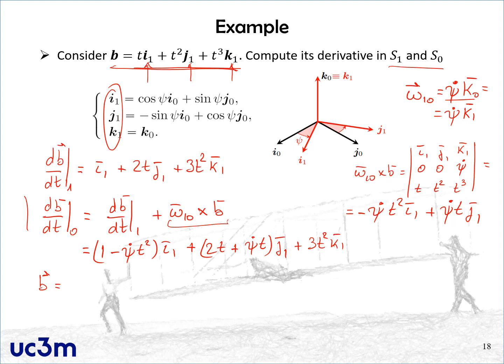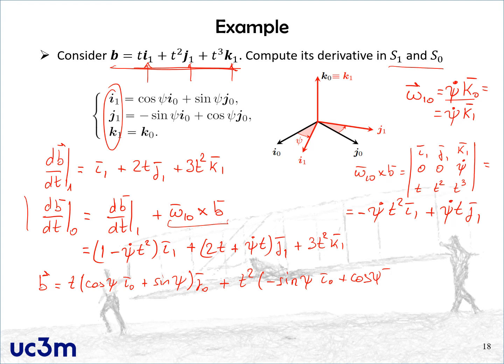So we take B, we have to replace I1. So we have t cosine psi I0 plus sine psi J0. Okay. Then we have t squared, which is now in the direction of J1, which is minus sine psi I0 plus cosine psi J0.